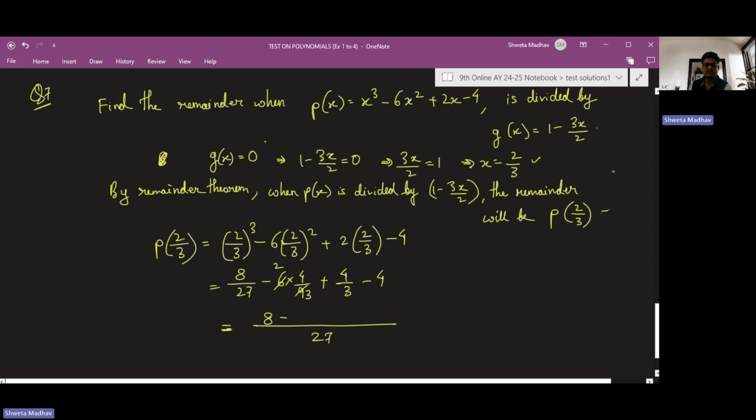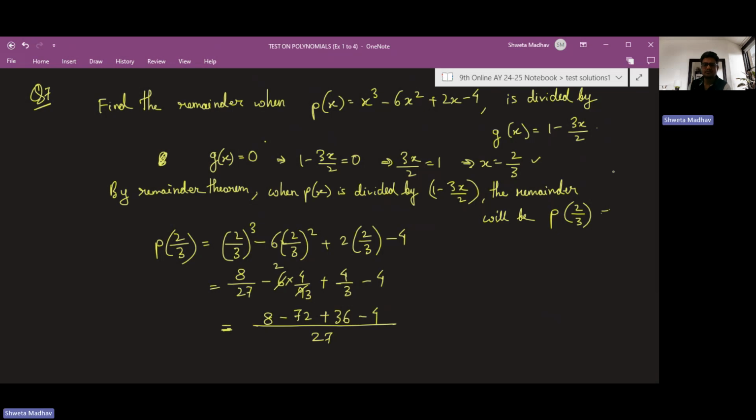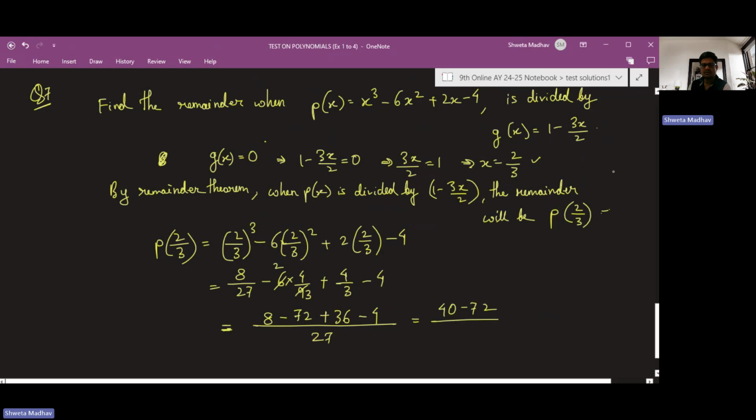So this is 8, then 3 9s are 27, 9 8s are 72, plus 3 9s are 27, 4 9s are 36, minus 4.